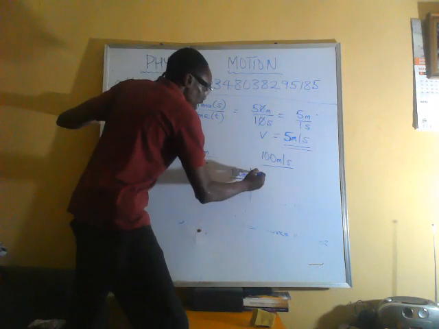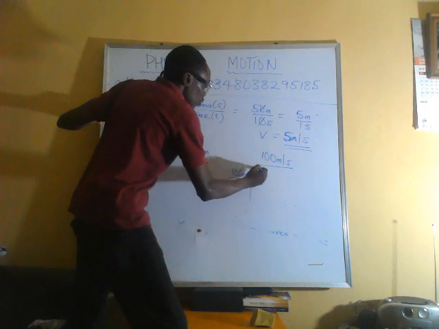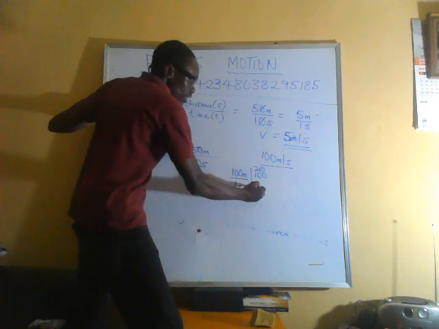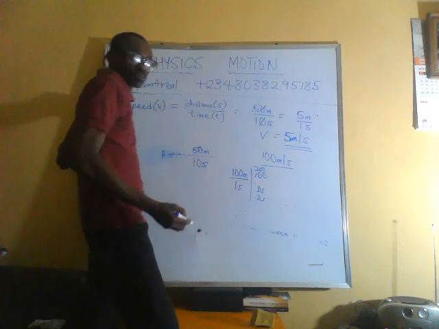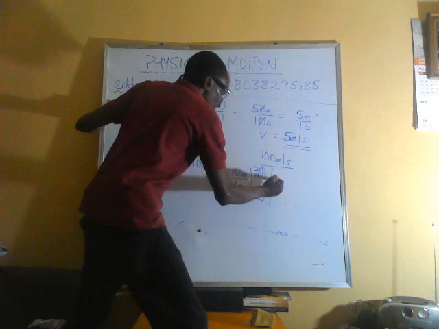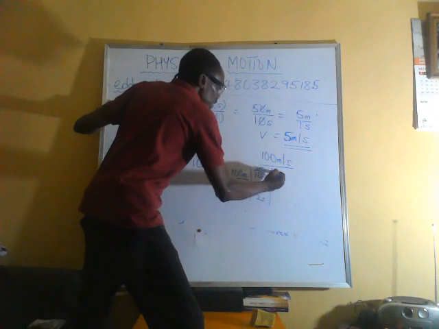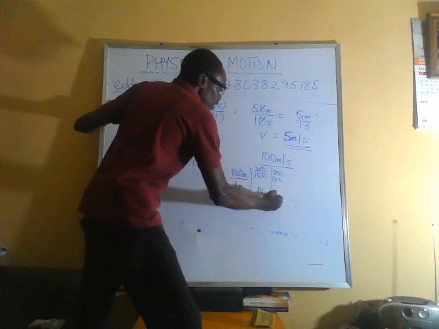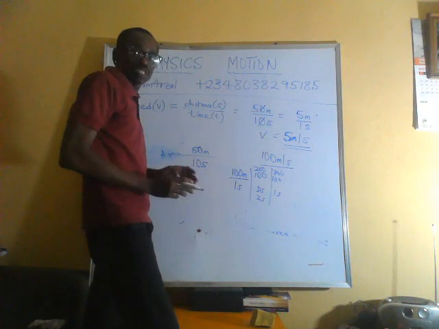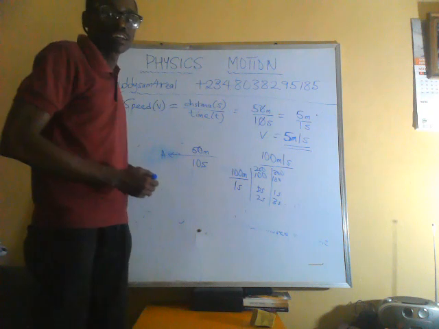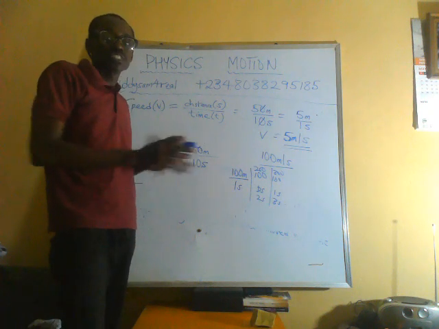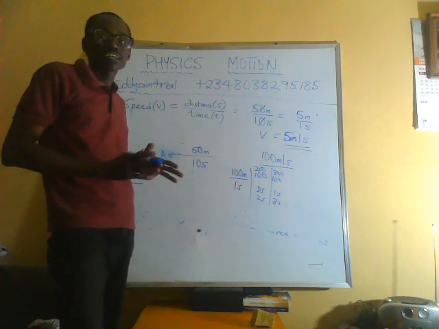If it covers another 100 meters, which is now 200, 100 plus 100, then it will take another 1 second, making a total of 2 seconds. If it covers another 100 meters, making a total of 300, it will still take 1 second, making a total of 3 seconds. So this is just the analysis.